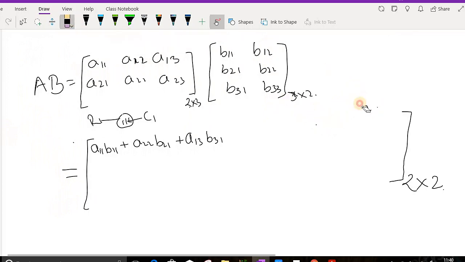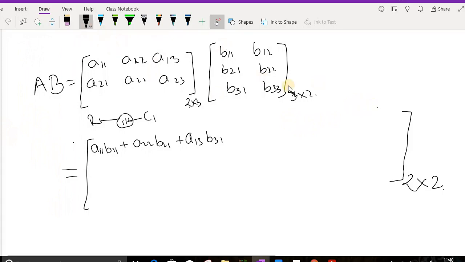This position is 1,2, so this will be R1 with C2 of the second matrix.